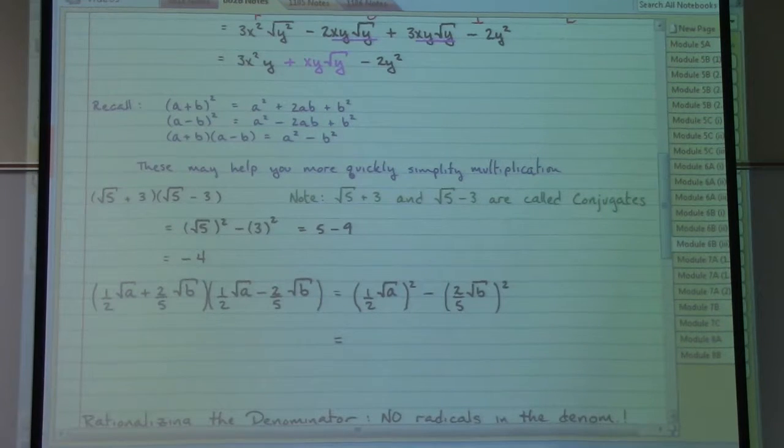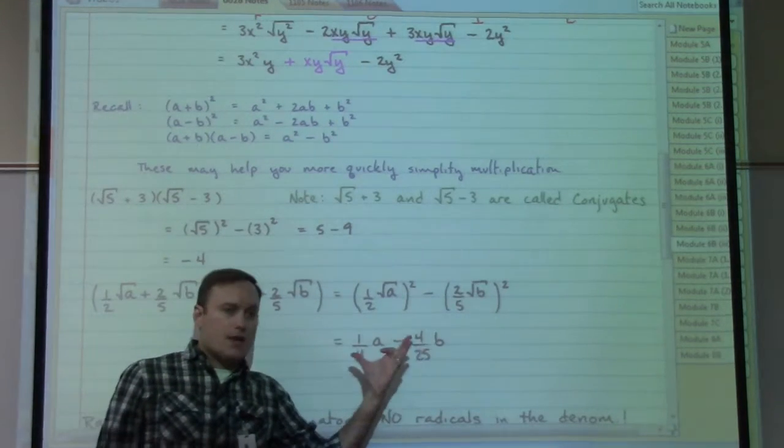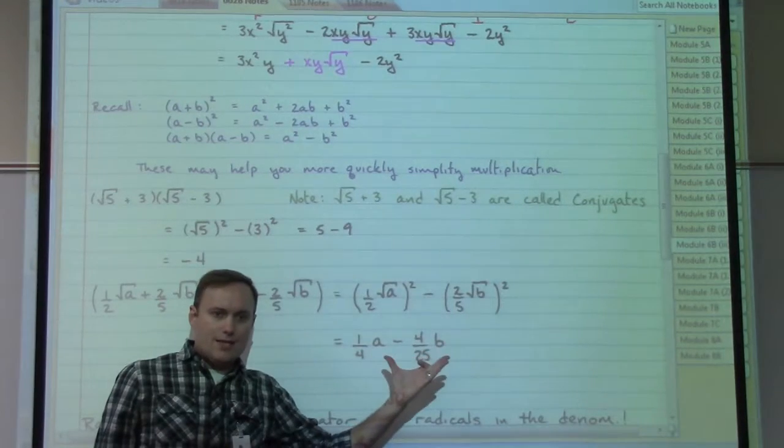And if I take the 1 and square it, and I take the square root and square it, and I take the 2 and square it, and I take the 5 and square it, and take the square root and square it, I again end up with an answer, not quite as nice and friendly looking, but still noteworthy in that there are no square roots that appear in this answer.